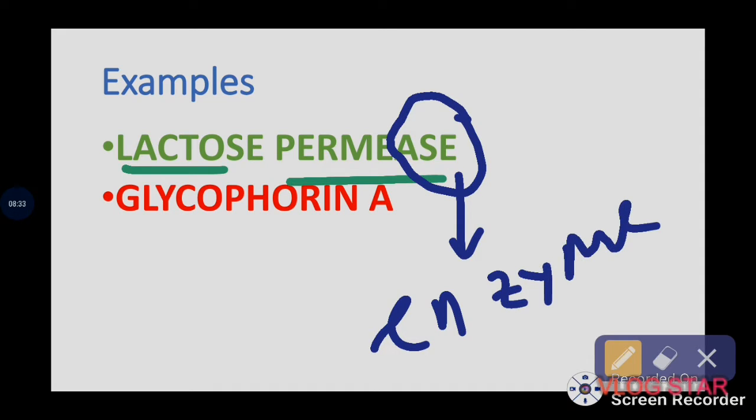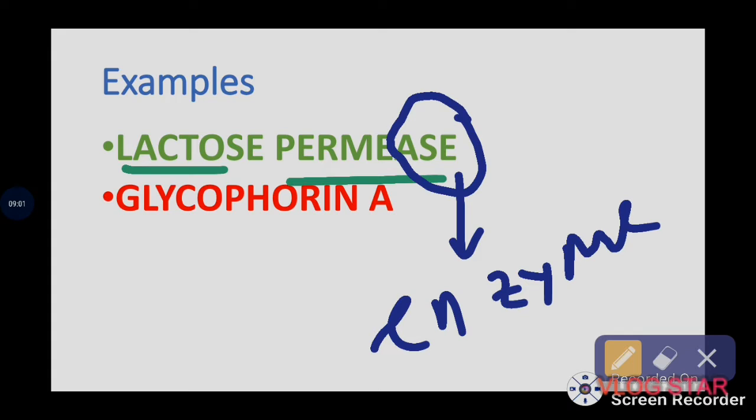For example, amylase, lactase, acetylase, or we have flippase, floppase. Flippases and floppases are actually the membrane translocators, lipid translocators that carry the lipid molecules from one leaflet to another.